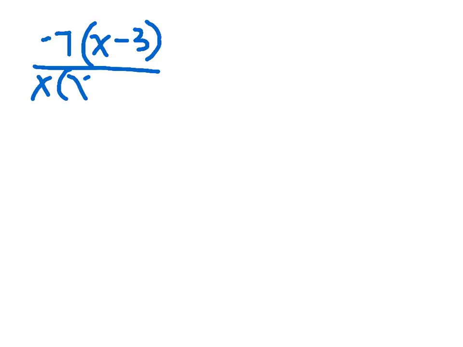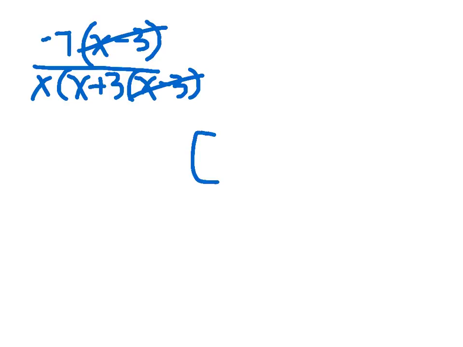No, if I factor out a -7, I get x minus 3. And that is over x times x plus 3 times x minus 3. And in the end, the answer is -7 over x times x plus 3. Again, that's really complicated, but just remember, when you have the trinomial, you need to FOIL first and then subtract.